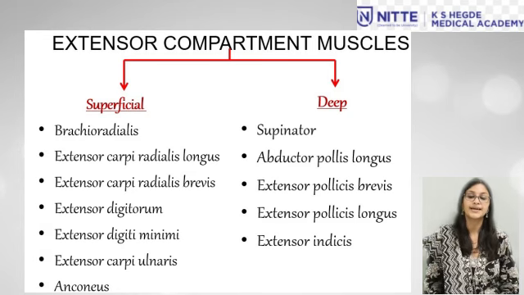Extensor digitorum, extensor digiti minimi, extensor carpi ulnaris and anconeus are the other four superficial muscles. The deep muscles include supinator, abductor pollicis longus, extensor pollicis brevis, extensor pollicis longus and extensor indicis.